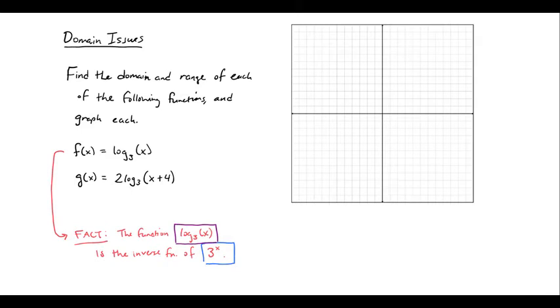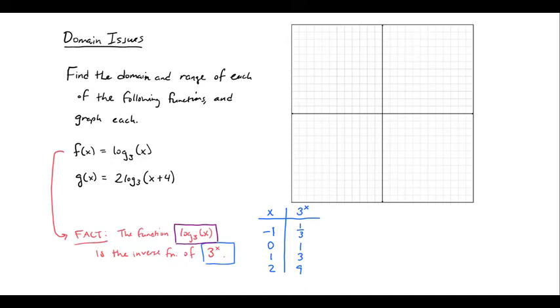For the blue function, let's just assume that each tick mark in this graph represents one unit, so I'm not cluttering this up with a bunch of numbers on the axes. If I make a table of values for 3 to the x, then 3 to the 0 is 1, 3 to the 1 is 3, 3 to the 2 is 9, and 3 to the negative 1 is 1/3.